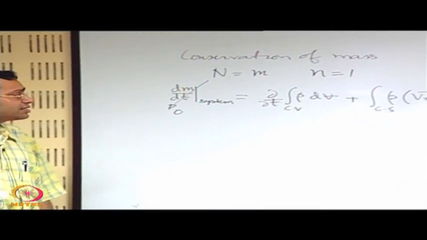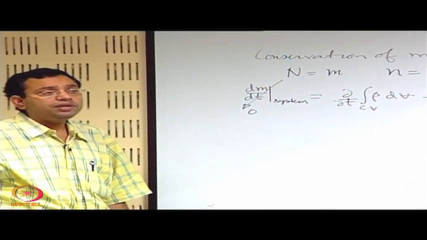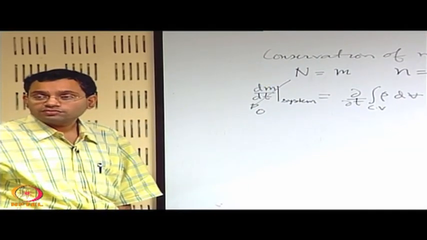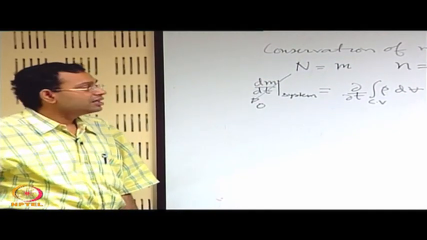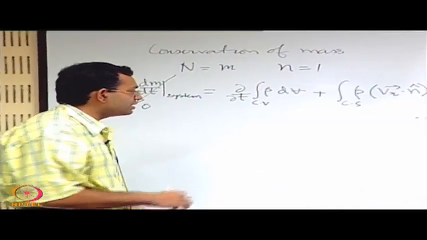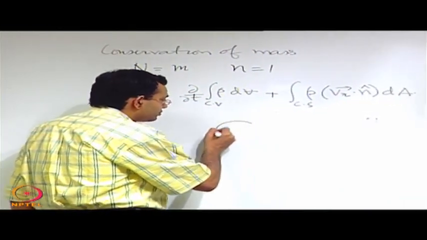The other thing is we have not committed that the control volume is non-deforming. What is an example of a deforming control volume? Let us take an example. Let us say that you have a balloon.